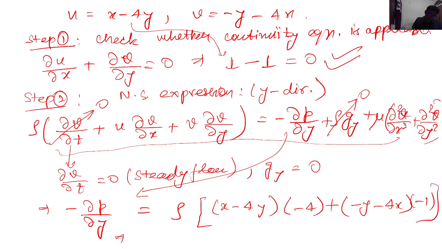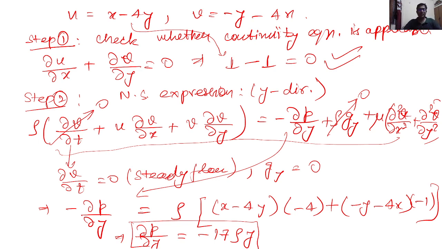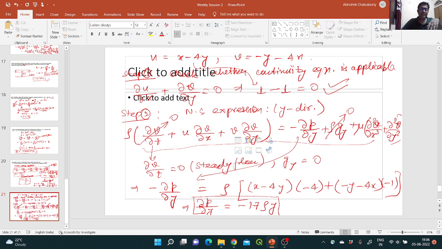So del p by del y will finally come out to be minus 17 rho y from the y direction Navier-Stokes expression. Similarly, we also need to move towards the x direction Navier-Stokes expression.